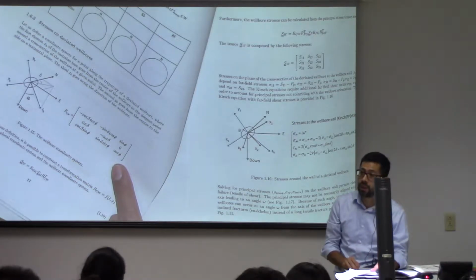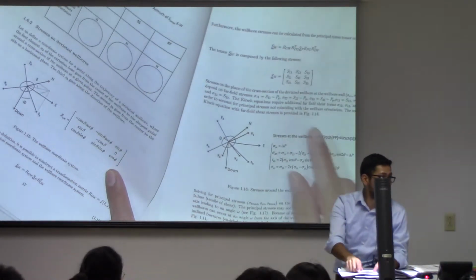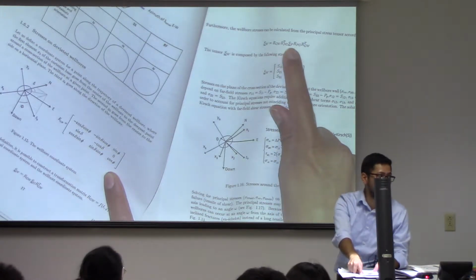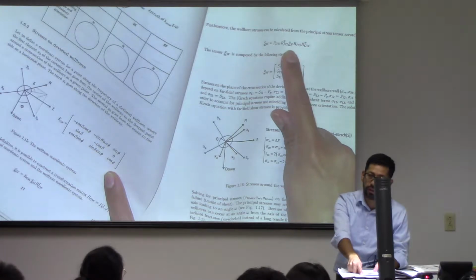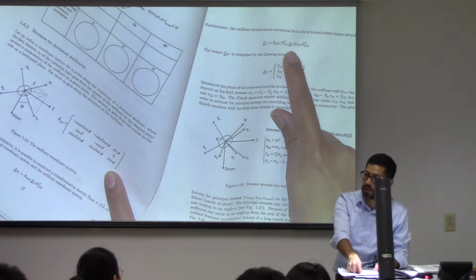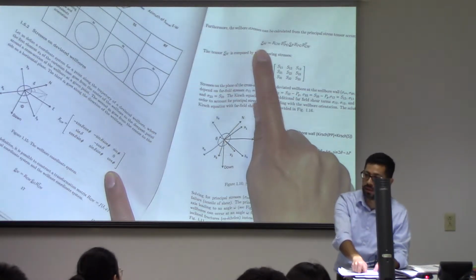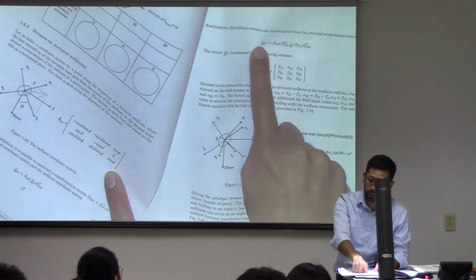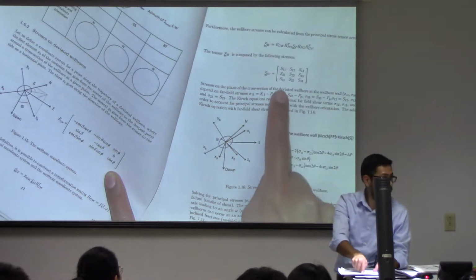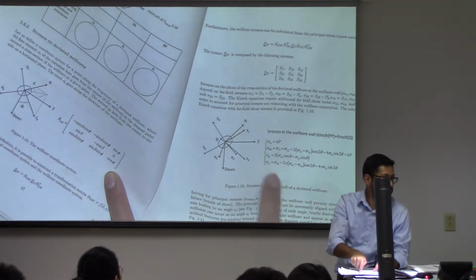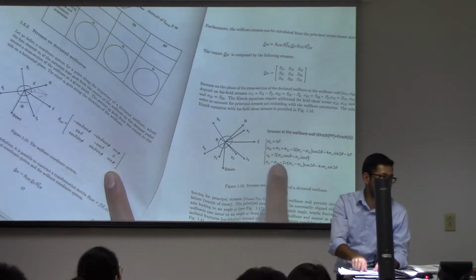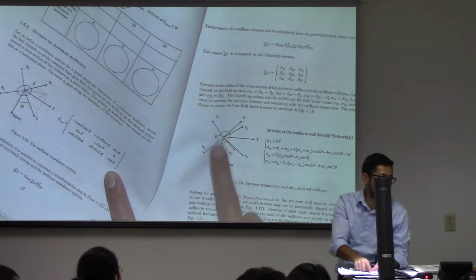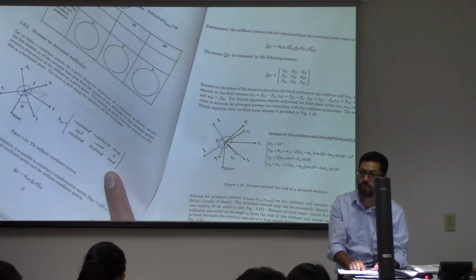In deviated wellbores, if you know what the principal stresses are, after that you compute the tensor in the geographical coordinate system, and after that you apply another transformation in order to get it into the wellbore coordinate system. After you get stress in the wellbore coordinate system, which are going to be these ones, you can apply these equations that are going to be the stresses around the wall of a deviated wellbore.